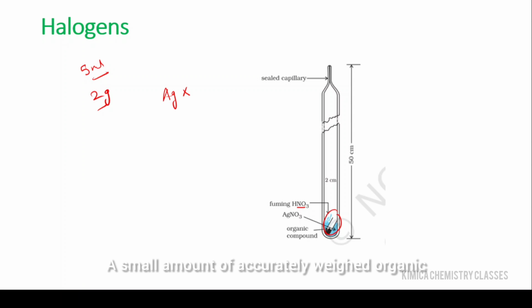A small amount of accurately weighed organic compound is taken in a small tube, and this small tube is placed carefully into the Carius tube in such a way that the fuming nitric acid does not enter the small tube.